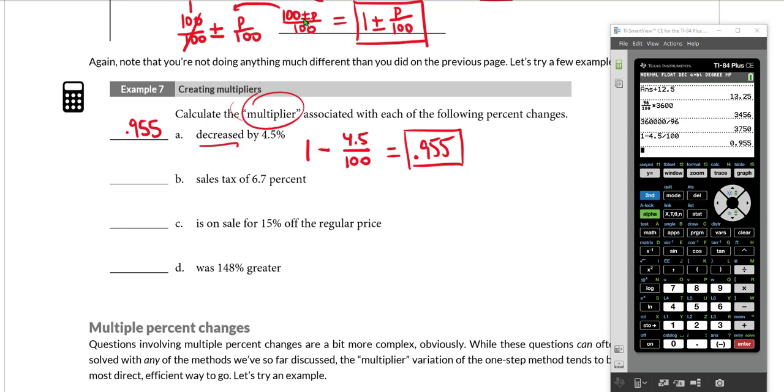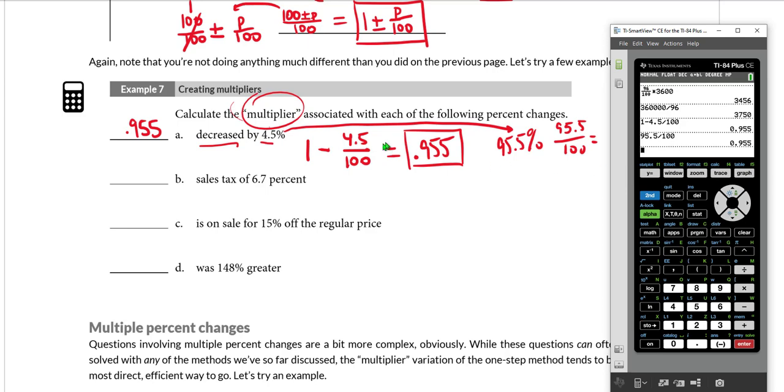Either one of these is fine, where you say, well, if you decrease something by 4.5%, that means you will be taking 95.5% of the number, right? 100 minus 4.5 is 95.5, and 95.5% expressed as a decimal, 95.5 divided by 100, again, is going to be 0.955.